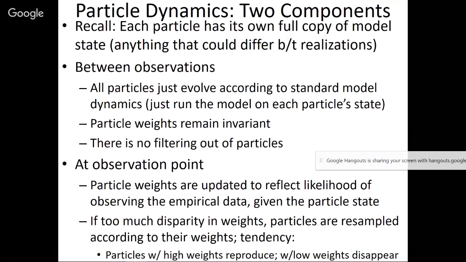Now, at the observation point, ladies and gentlemen, particle weights are updated to reflect the likelihood of observing any new data that comes in for that observation. Maybe it's one piece of data, maybe many pieces of data.